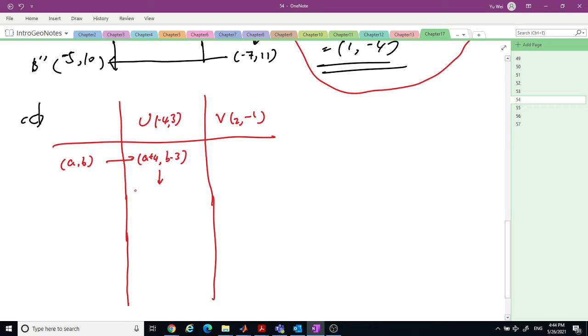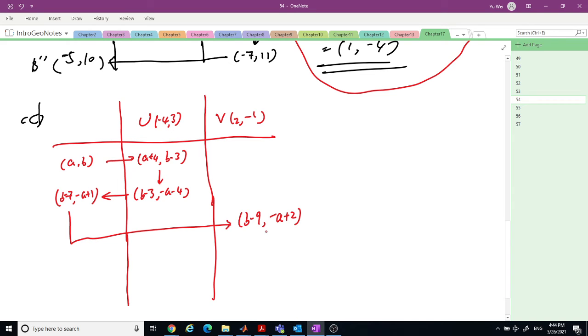Then converting here is b minus 3, then negative a plus 1. Then converting to here is b minus 9 and plus 1, negative a plus 2.